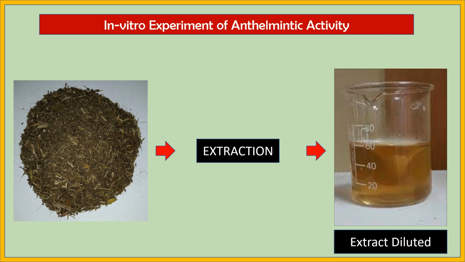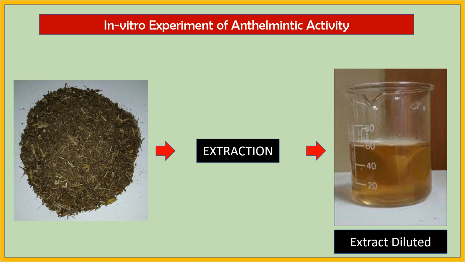So for a research purpose, we need to go for in vitro experiment of anti-helminthic activity if we need to go for a scientific validation. We need to first identify the plant, collect it, powder it, and then make an extraction through a particular extraction system.